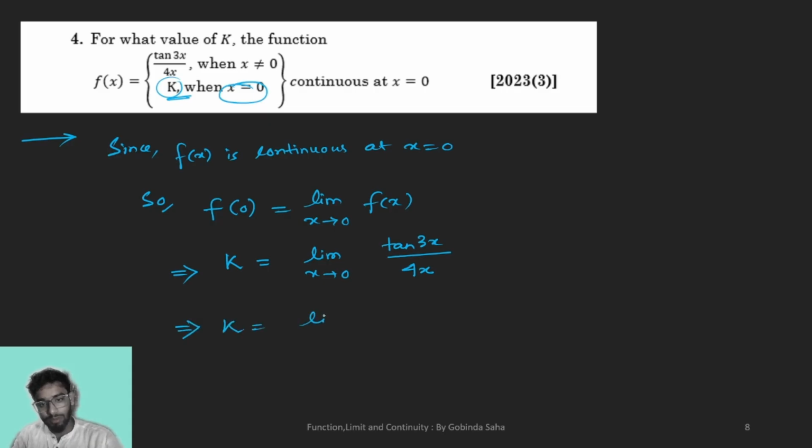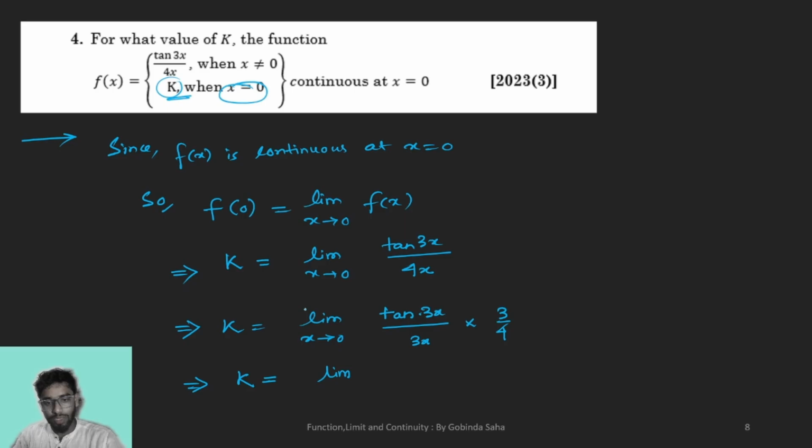So k is nothing but, now the interesting part is there. We have a standard formula for the limit, which is tan x by x. So if you make it like tan 3x by 3x, you have to multiply it by 3 by 4 to make it the same.